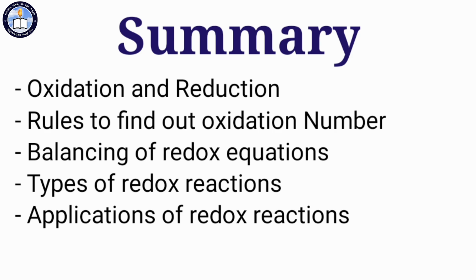Then we learned certain rules to find out oxidation number. We balanced redox equations by the oxidation number method as well as the half equation method, also known as the ion electron method. Then I explained the types of redox reactions and certain applications of redox reactions.